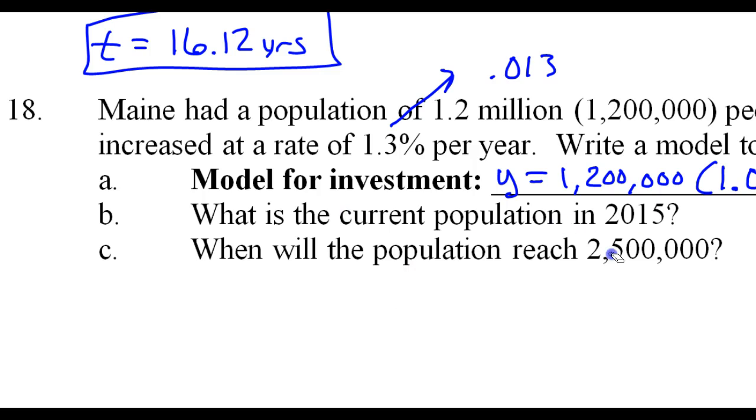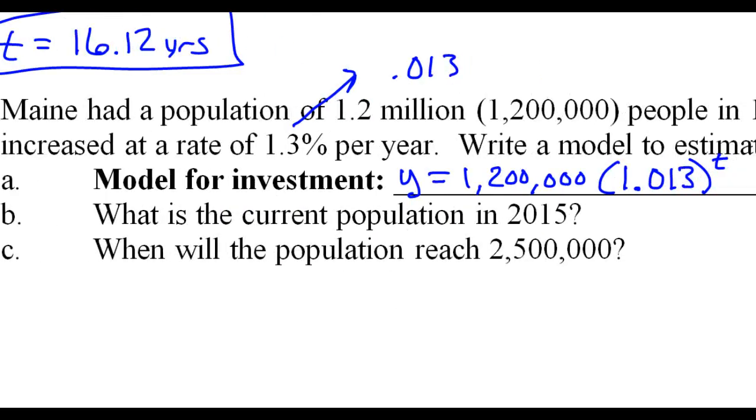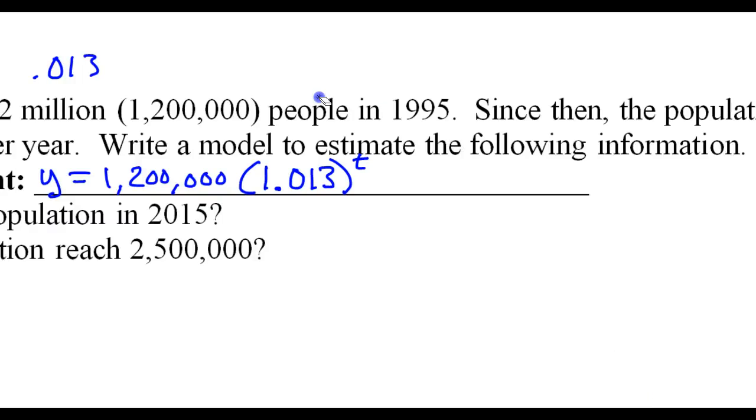Now, what is the current population in 2015? Well, this 1,200,000 was in 1995. In 2015, how many years have passed? That's 20 years. So t is going to be 20 for this calculation.